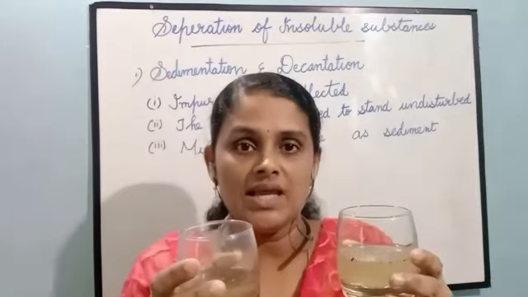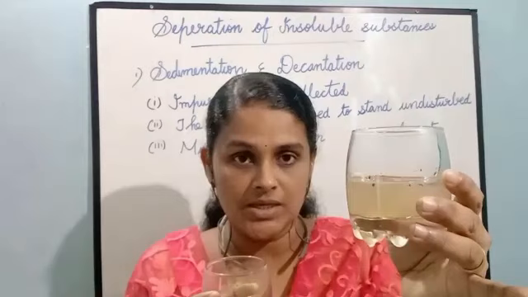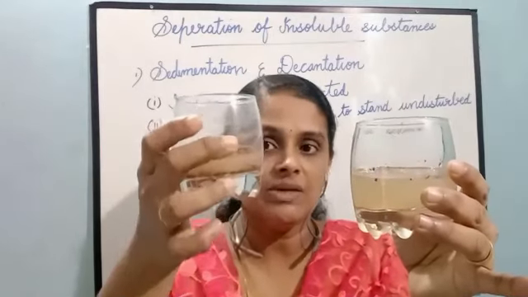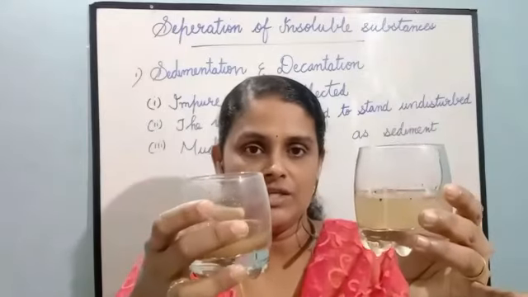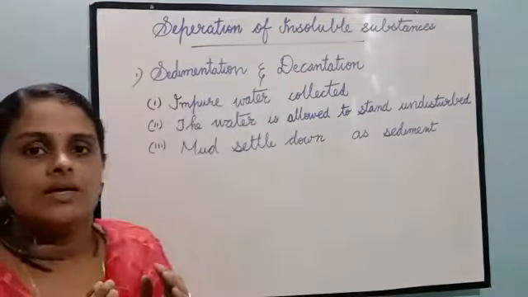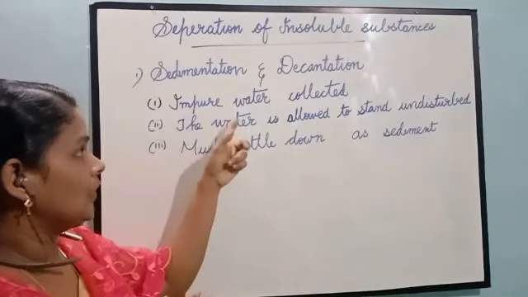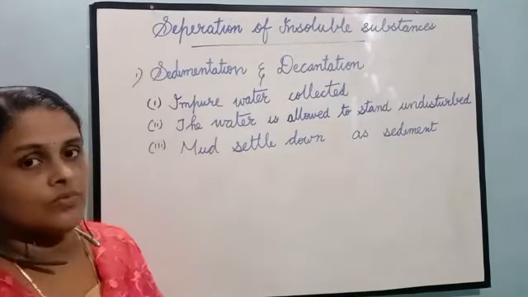So what is decantation? The process of removal of clear water after the sediments have settled down is called decantation. So now we have seen sedimentation and decantation. In sedimentation, first we collect the impure water and we allow this impure water to stand undisturbed for a while.